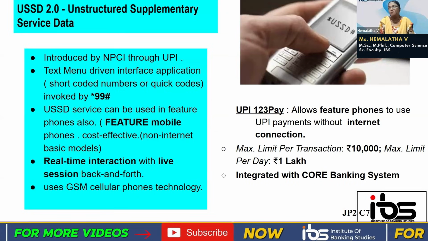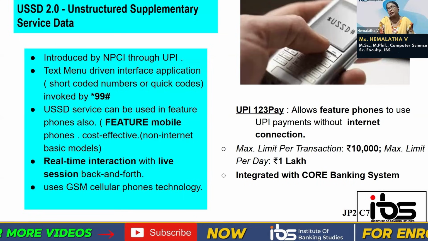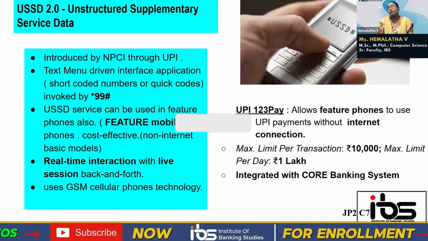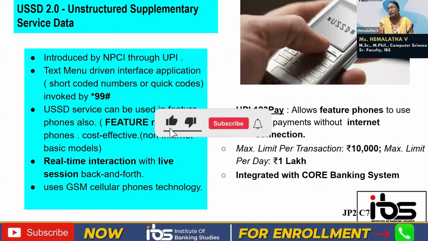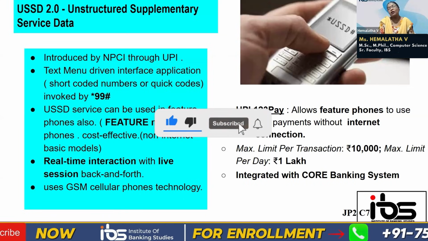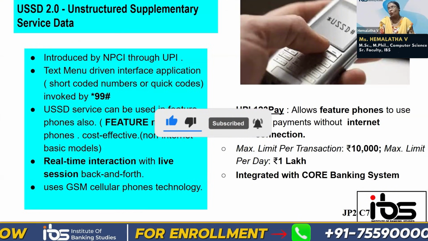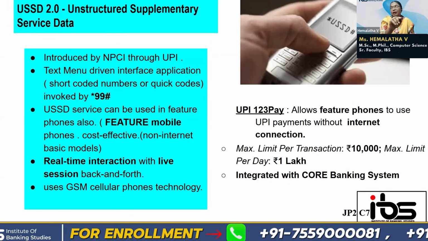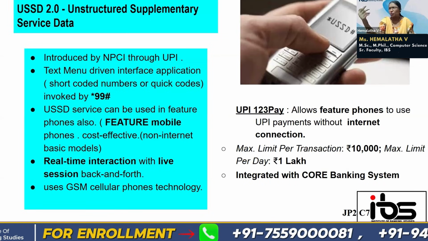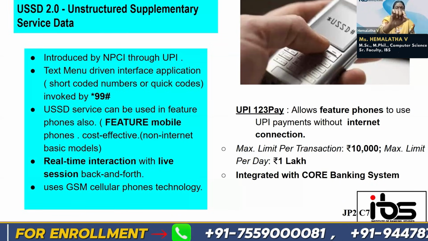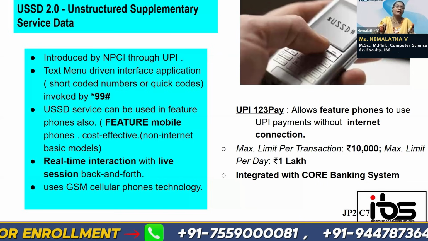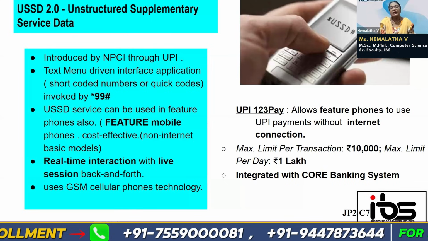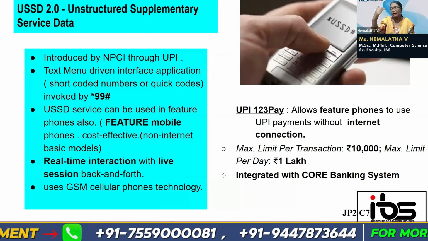RBI coined the term feature phones, that is the button phones. So they can also go for phone banking, mobile banking. How? You can give this number even in your smartphone. If you invoke this, type this number and call, then this feature will open, and it will give you text-based commands.